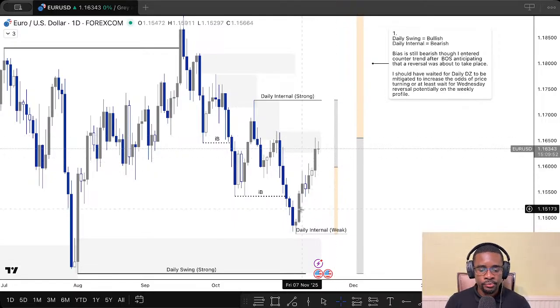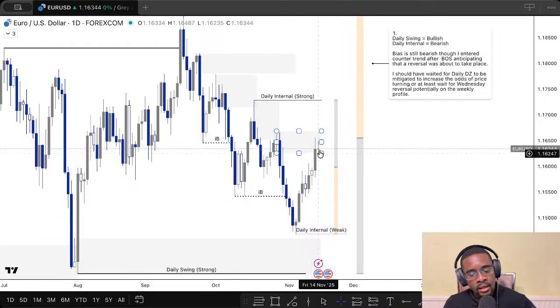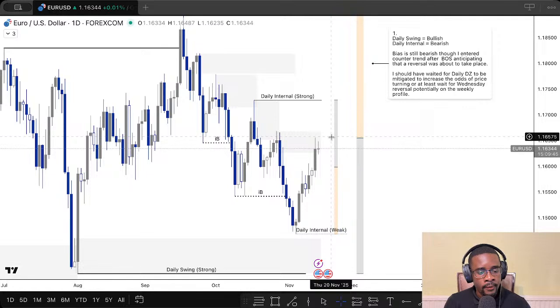So pretty much we've been going up since Monday. Today being Friday, the market needs to cool off. So I am expecting the market to have a little push down. It may not be a big retracement, but it will likely have a push down.